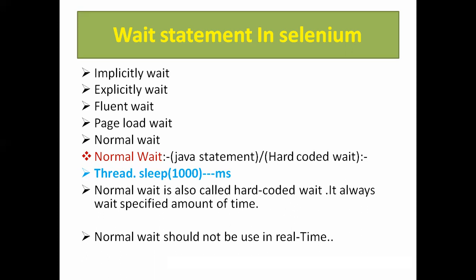If you have a short time, a few seconds, then we can go for implicit wait, no problem. But if you want to give a minute, it will wait for the complete document for a minute. If it takes more time, then we can wait for the specific element.